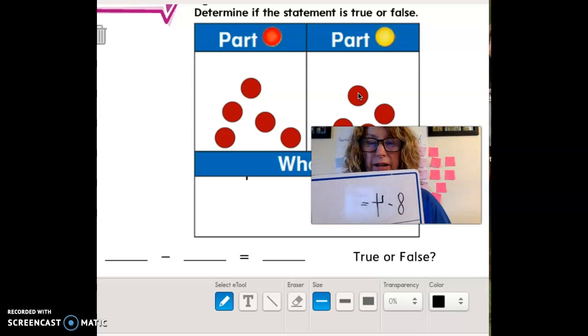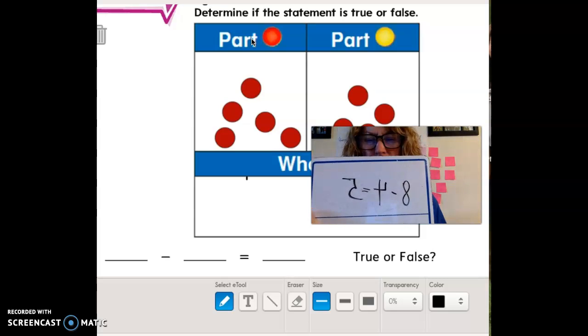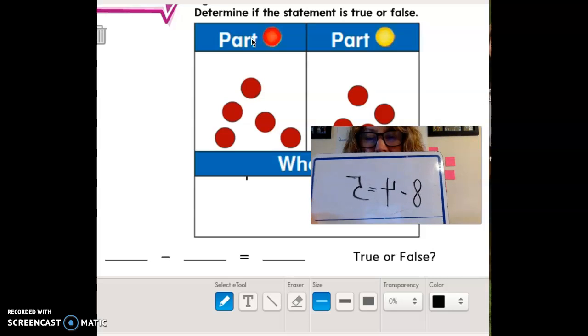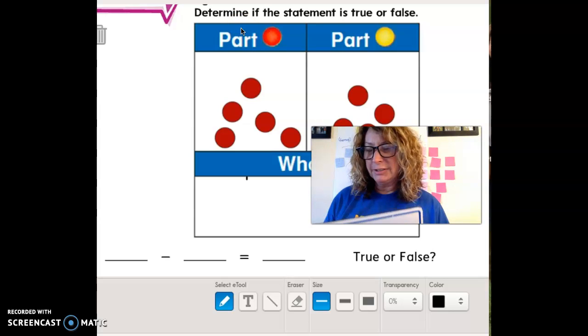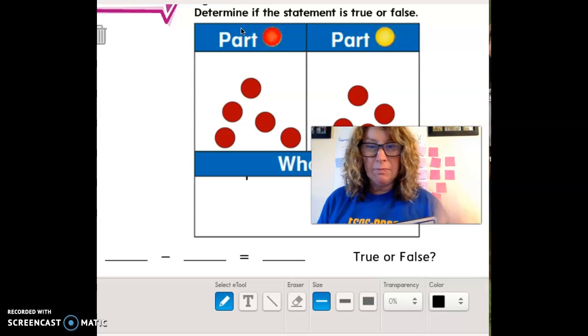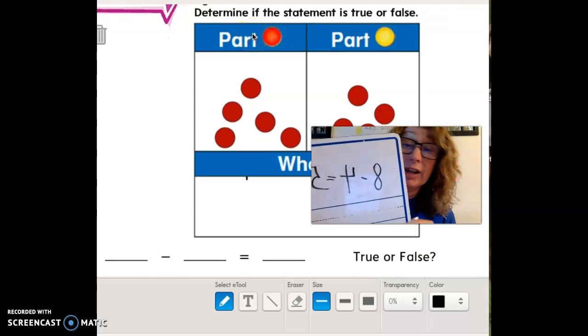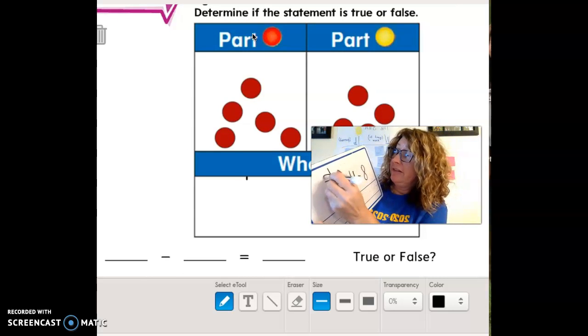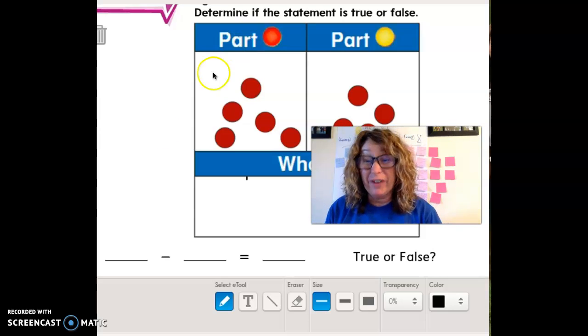If I take away 4, is it 1, 2, 3, 4, 5? Because there's 5 there. Is that true or false? 8 take away 4. Is that 5? No, it is false. Because I know that 8 take away 4 is 4, not 5. So that would be false.